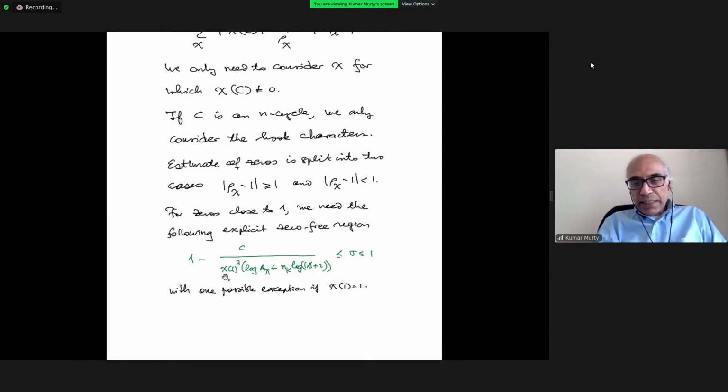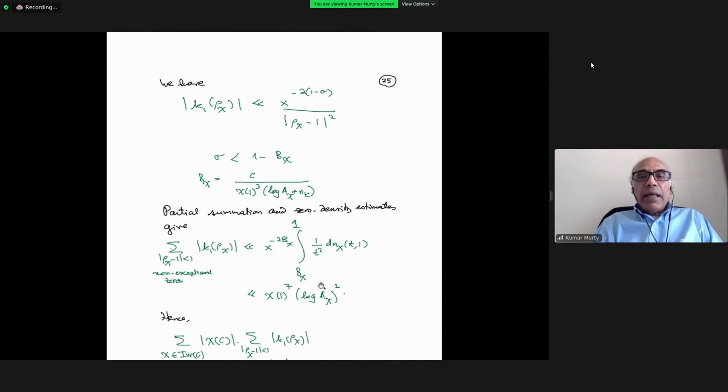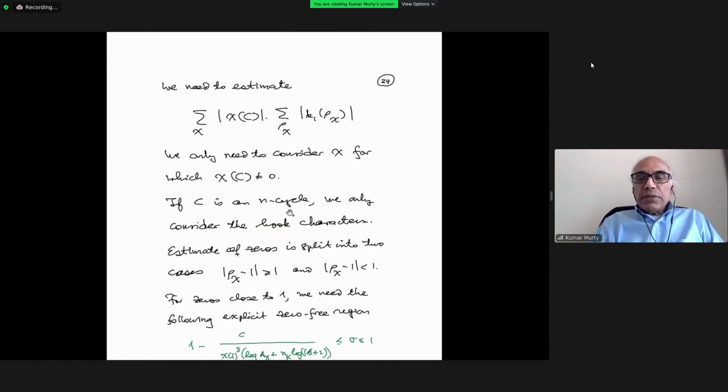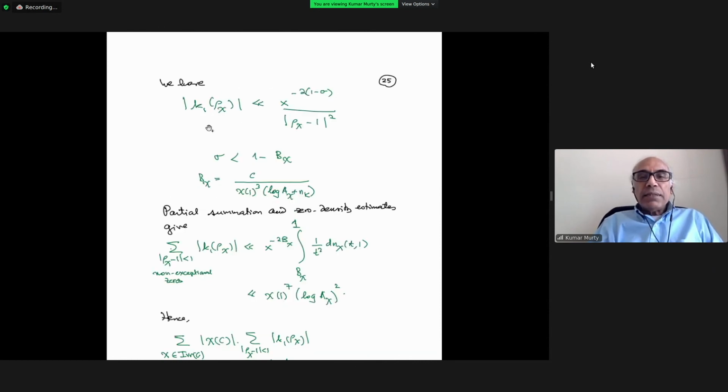In the abelian case, of course, chi of 1 is 1, so this disappears, and log A_chi is like log of your modulus. And so this looks like the usual 1 minus a constant over log q(|t|+2), that kind of thing. And I allow one possible exceptional zero if the character is abelian. So this is a theorem we proved some years ago. And so using this, you get an estimate for this K1 at zeros.